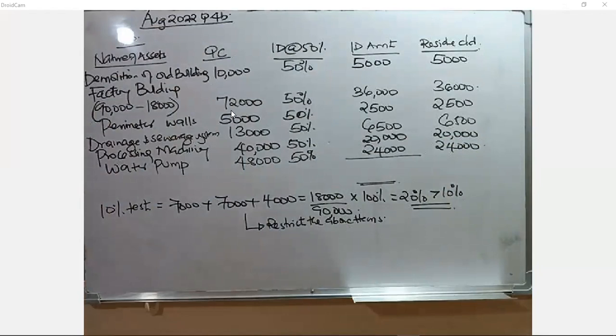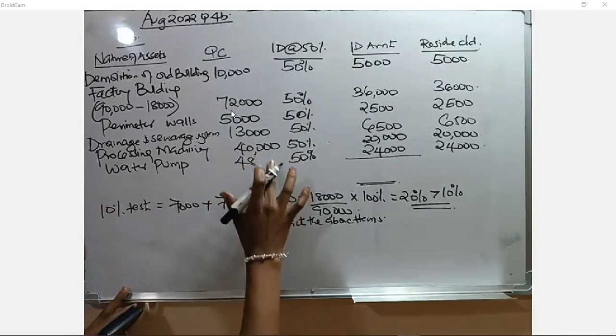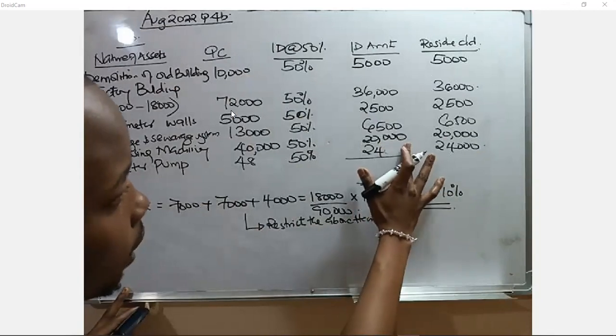So we have 24,000 plus 20,000 plus 6,500 plus 2,500 plus 36,000 plus 5,000. I'm getting a wrong answer. This one should be 48, because it's 48,000 and we have limited our figures to 48.